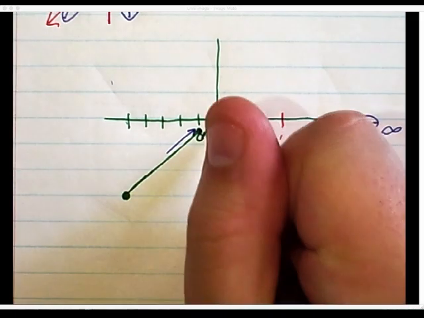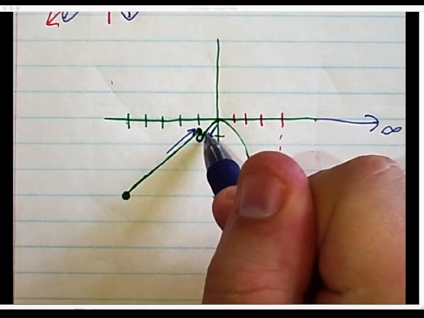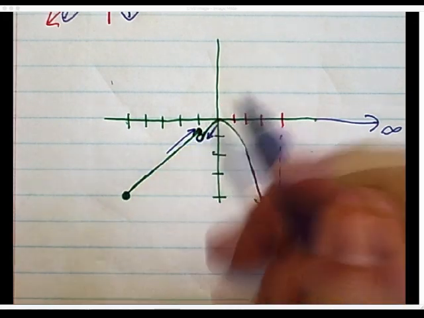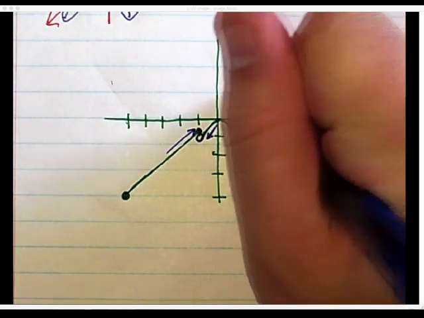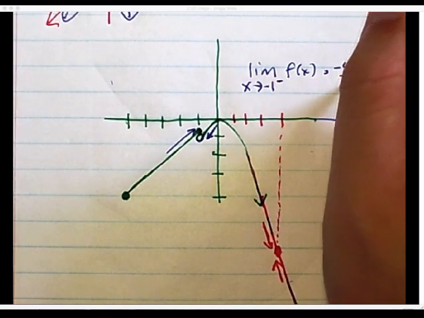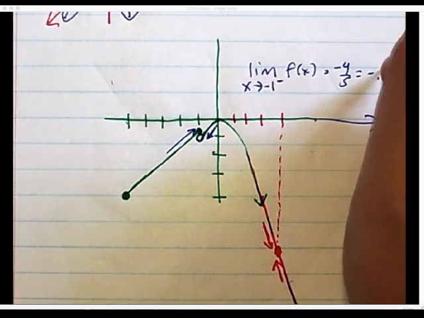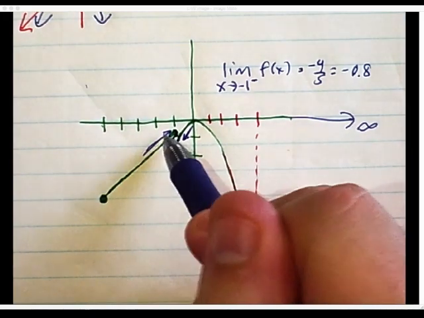But as I come in from the right, this y value, I'm getting closer and closer to negative 1. So here the limit of f of x as x approaches negative 1 from the left was negative 4/5 or negative 0.8.